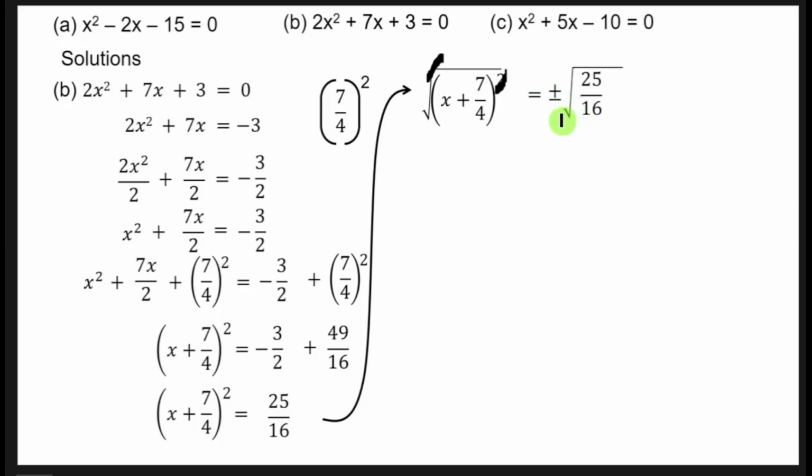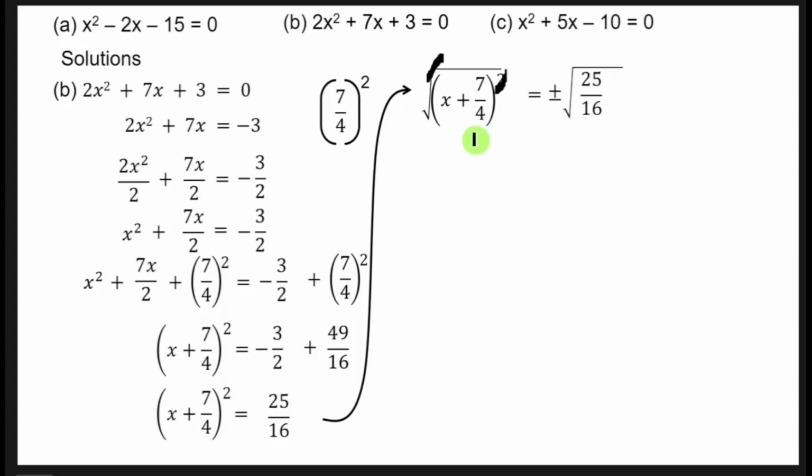Certain things we don't need to explain why they are like that, because they may end up just confusing you and you failing to know how to solve. But remember, the moment you introduce this one, you have to introduce the plus and the minus. That's how it is supposed to be.